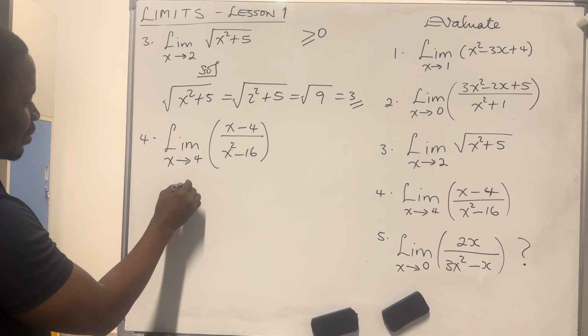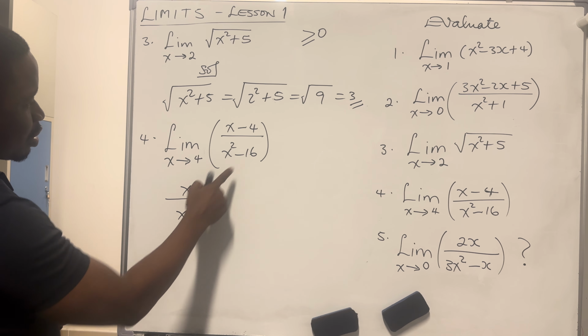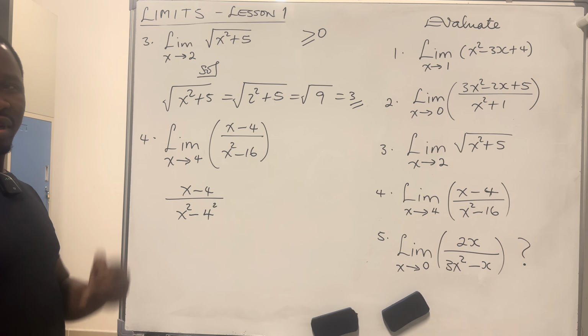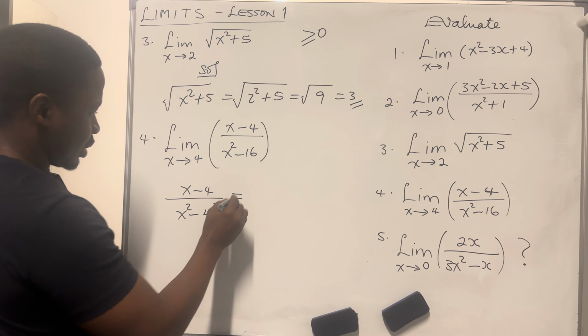At the top, we have x minus 4. This one is x squared minus 16, but 16 is the same as 4 squared. I hope you agree with me. 4 times 4 is 16. So now this is x minus 4 over a difference of 2 squares. I did this in algebra under factorization; search for the videos.